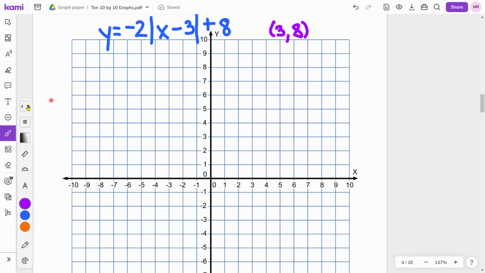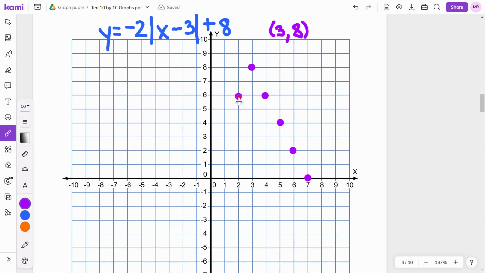So I am going to go to 3 comma 8. And then from here, my slope or my stretch, but I'm going to think of it as a slope for absolute value, is a -2. So I'm going to go down 2, out 1, down 2, out 1, down 2, out 1, and so forth. So let me do the same on the other side.